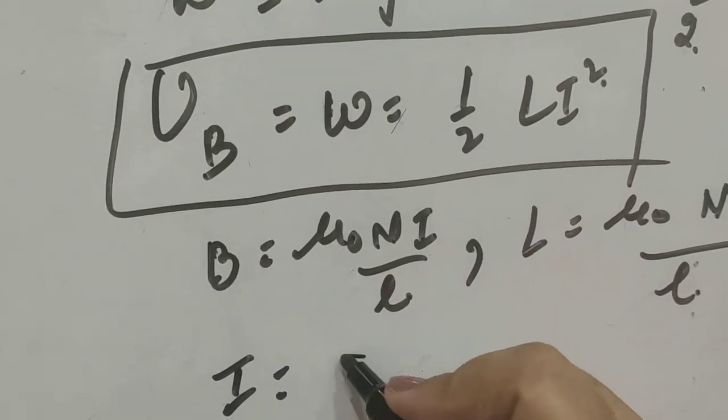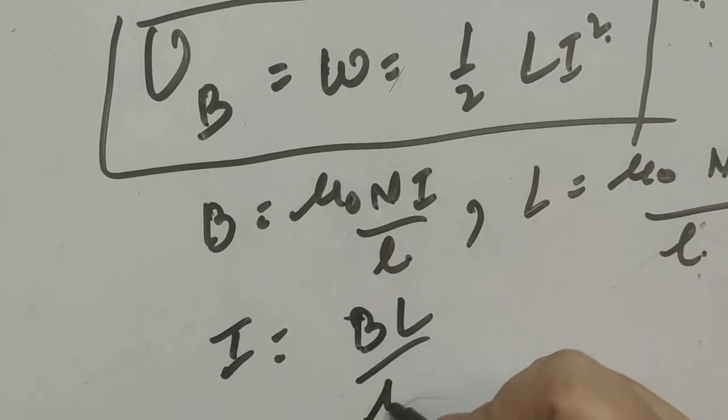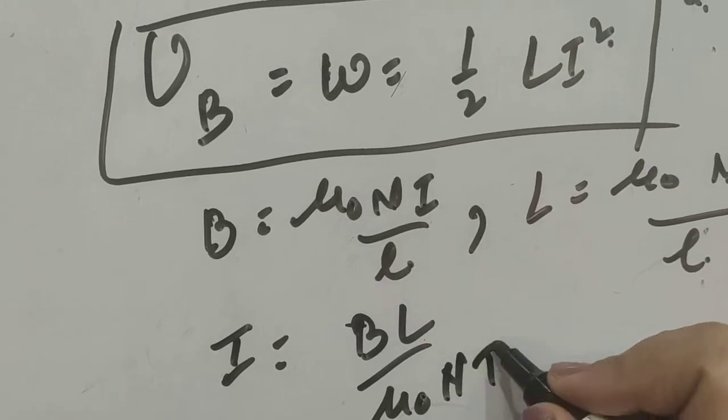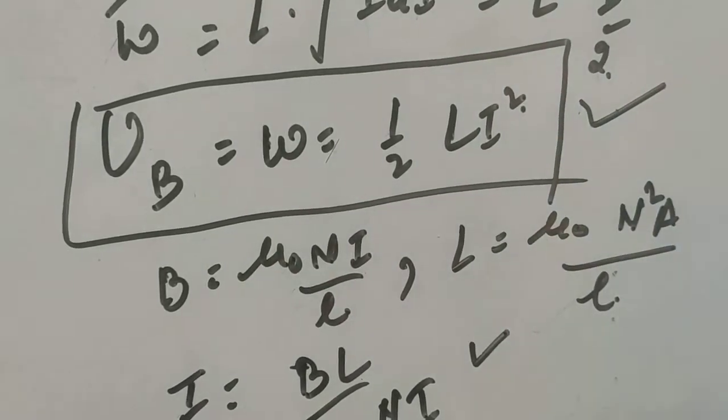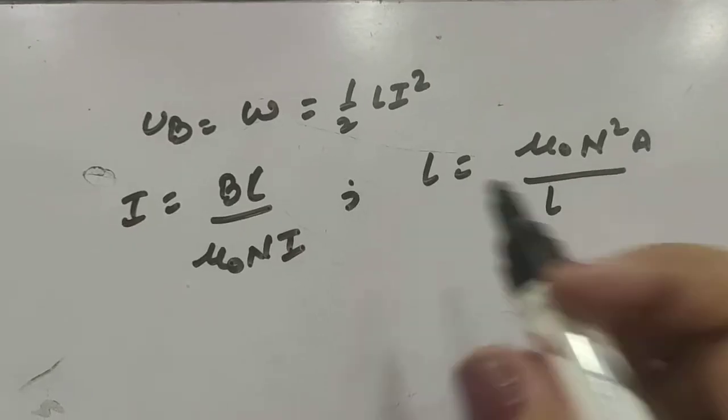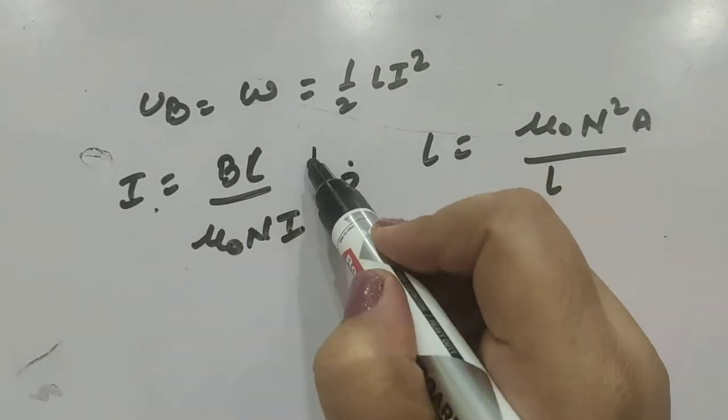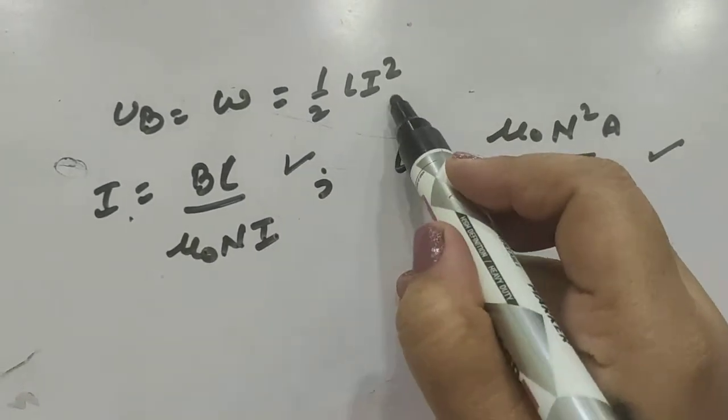So from here we can get the value of I. I is equal to B l upon mu naught N. So putting the value of I and L in this equation. Now putting I is equal to this and L is equal to this in this equation.